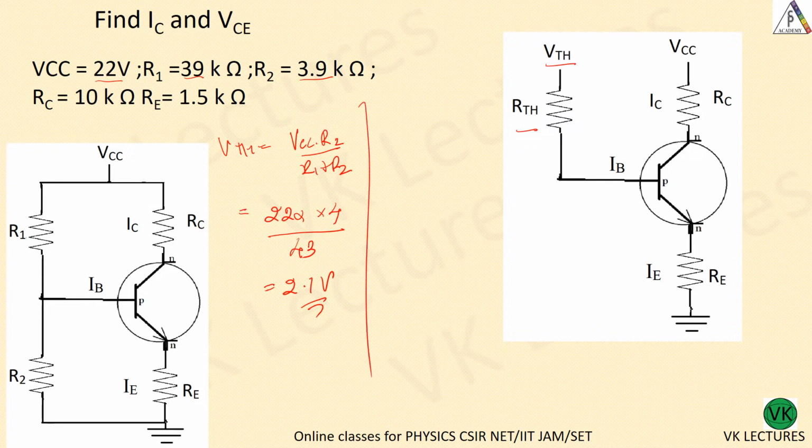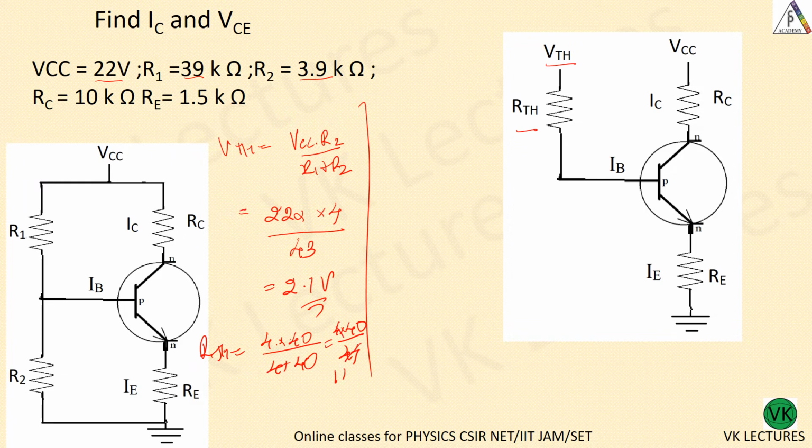Now we got VTH. Now what is RTH? RTH is equal to R1 into R2 divided by R1 plus R2, that is 3.9 and 39, you can take 4 and 40, so 4 into 40 divided by 4 plus 40, that is 44.